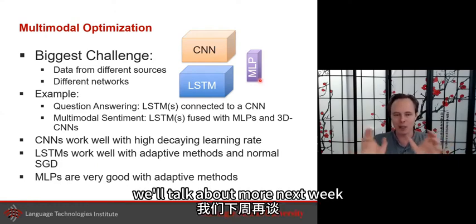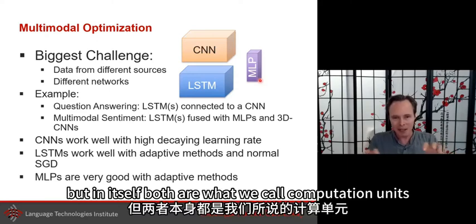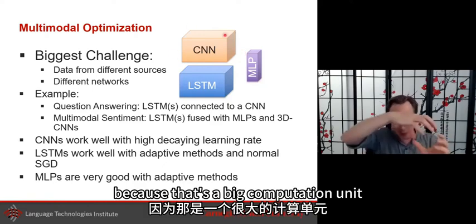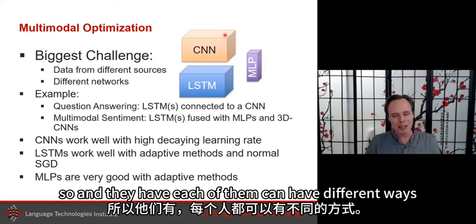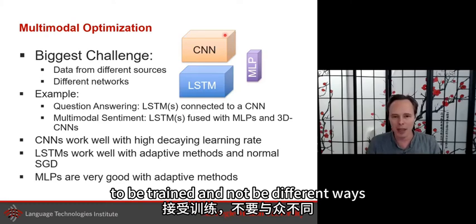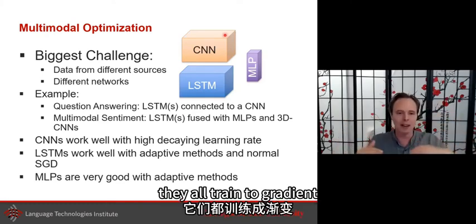We'll talk about both of these more next week. But in itself, both are what we call computation units, a big computation unit, a CNN, and a big computation unit, an LSTM. Each of them can have different ways to be trained, though they're all trained with gradient.